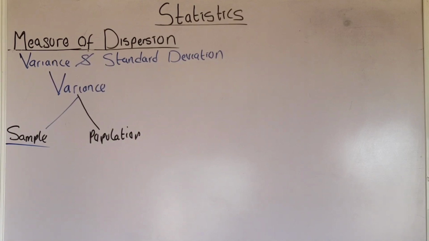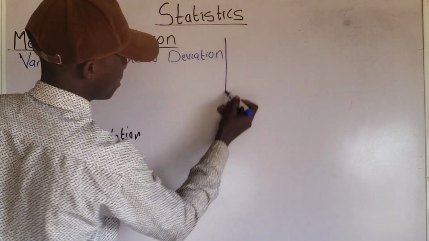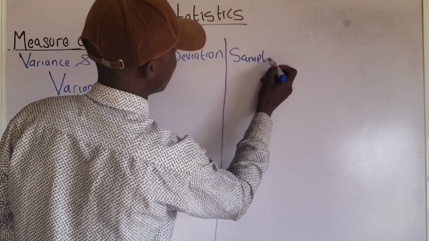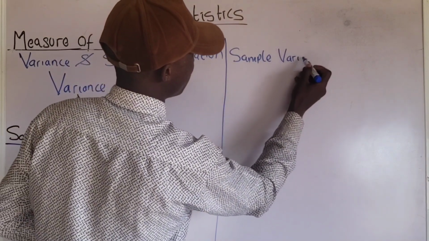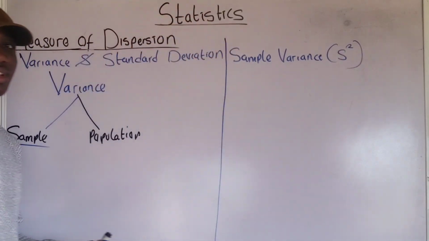Sample variance is denoted by this symbol, s squared.